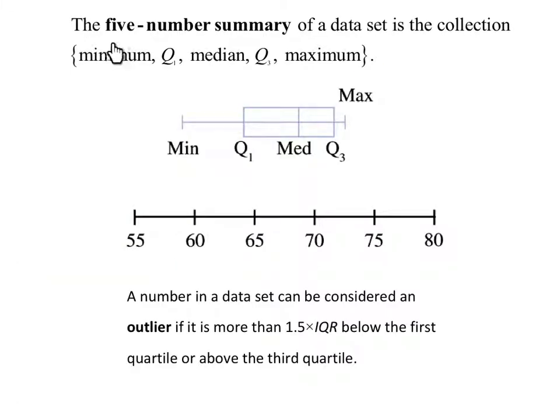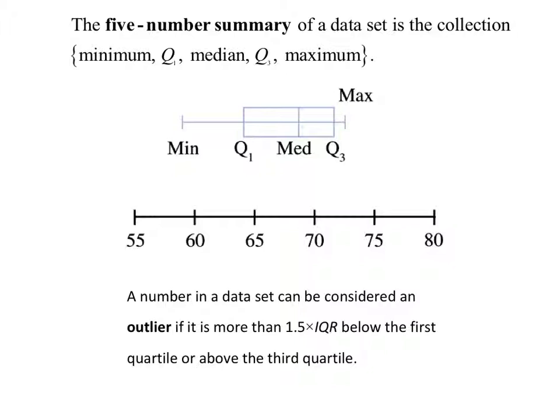Alright, the 5-number summary of the data. It's the minimum, the maximum, Q1, Q3, the first quartile and the third quartile, and the median. Okay, so let's go back and look at this previous example.